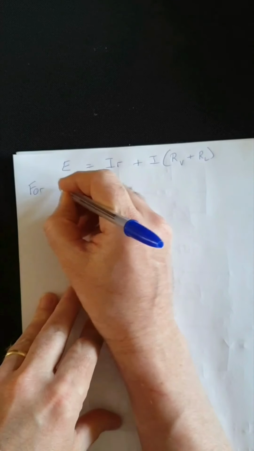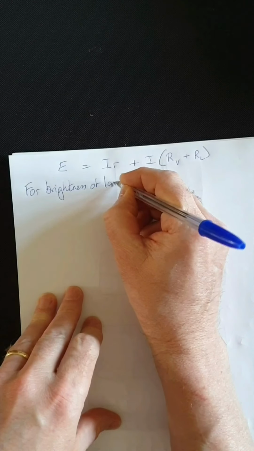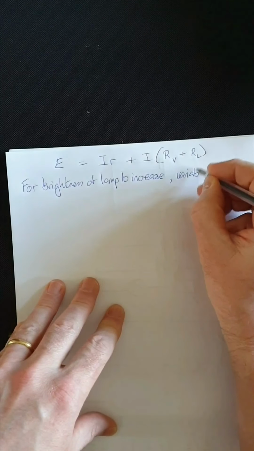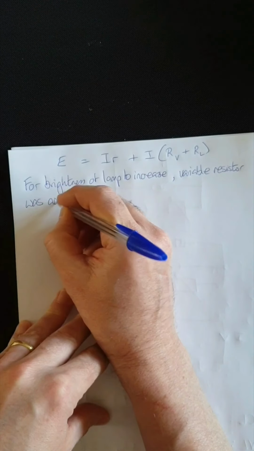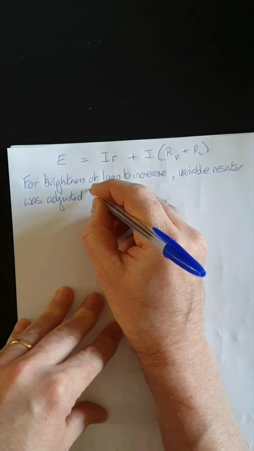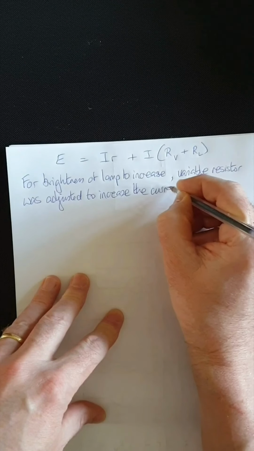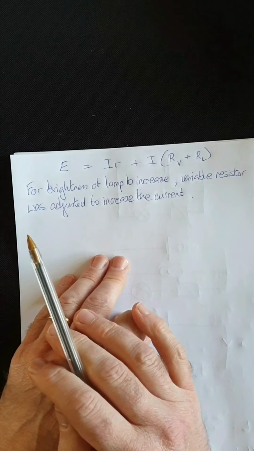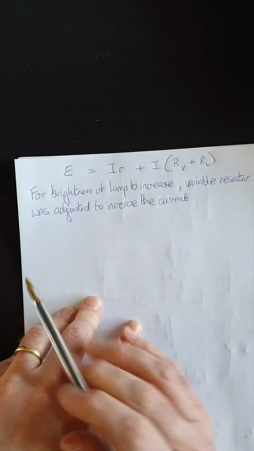So for the brightness of the lamp to increase, the variable resistor was adjusted to increase the current. So we're going to increase the current that goes through the lamp in order to increase its brightness. So we're going to increase I.